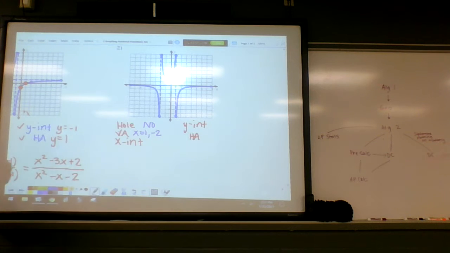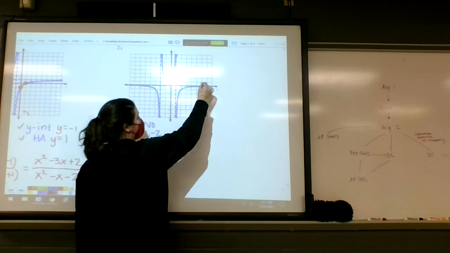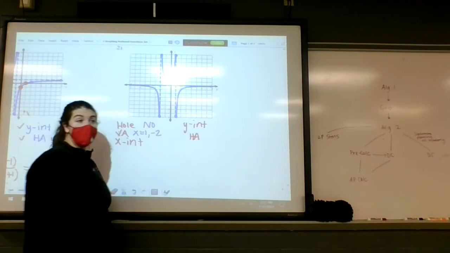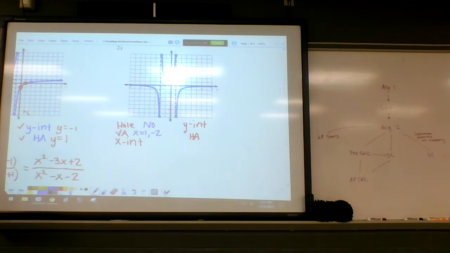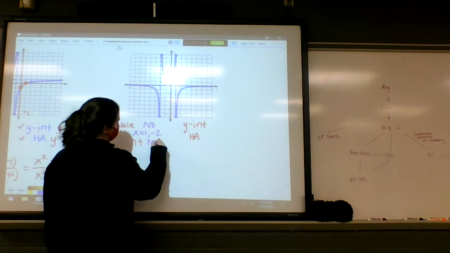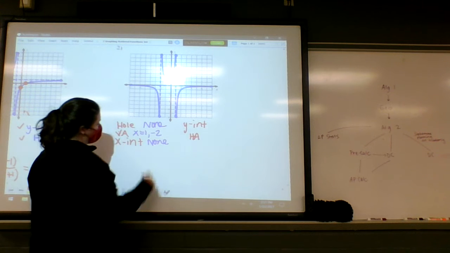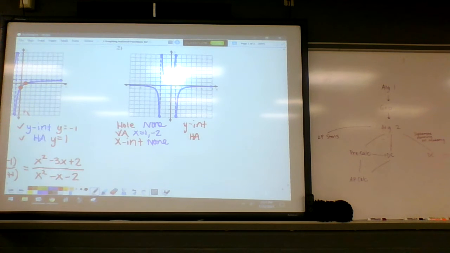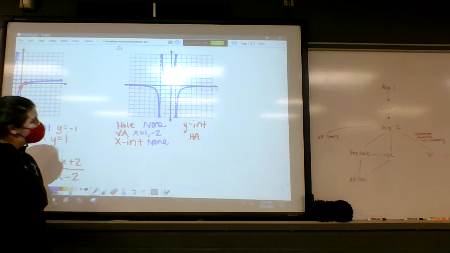On this side, it's turning, going towards the x-axis, closer and closer, but never actually gets there. So at no point does the graph actually cross the x-axis. So x-intercepts there are none. This one's going to be interesting: no holes and no x-intercepts. That'll be unique.